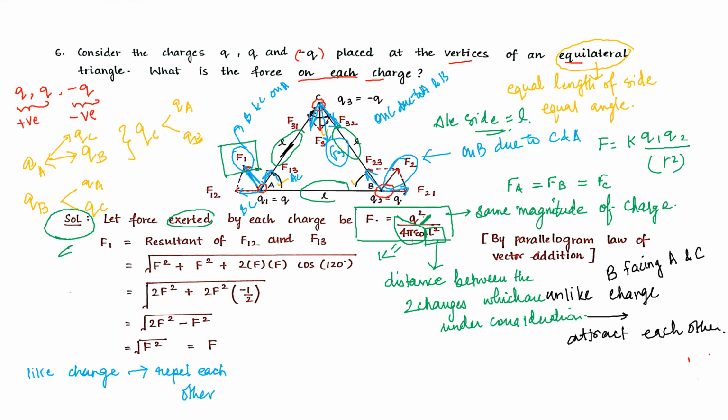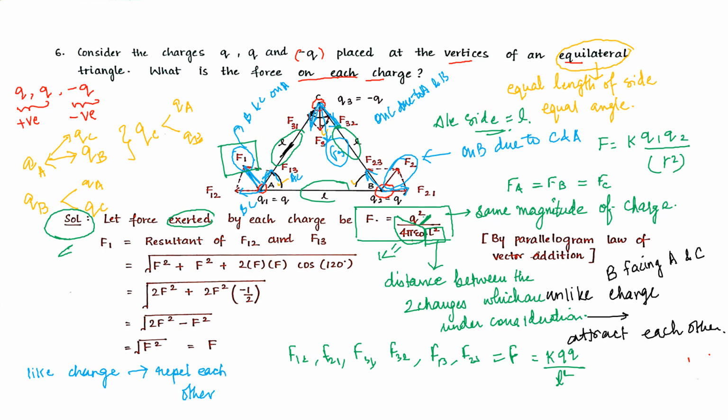I will write over here: force 12, force 21, force 31, force 32, force 13, force 23. These are the six forces we are currently dealing with, and all have the same value F, which equals K Q into Q by L square. Okay, this is the value.